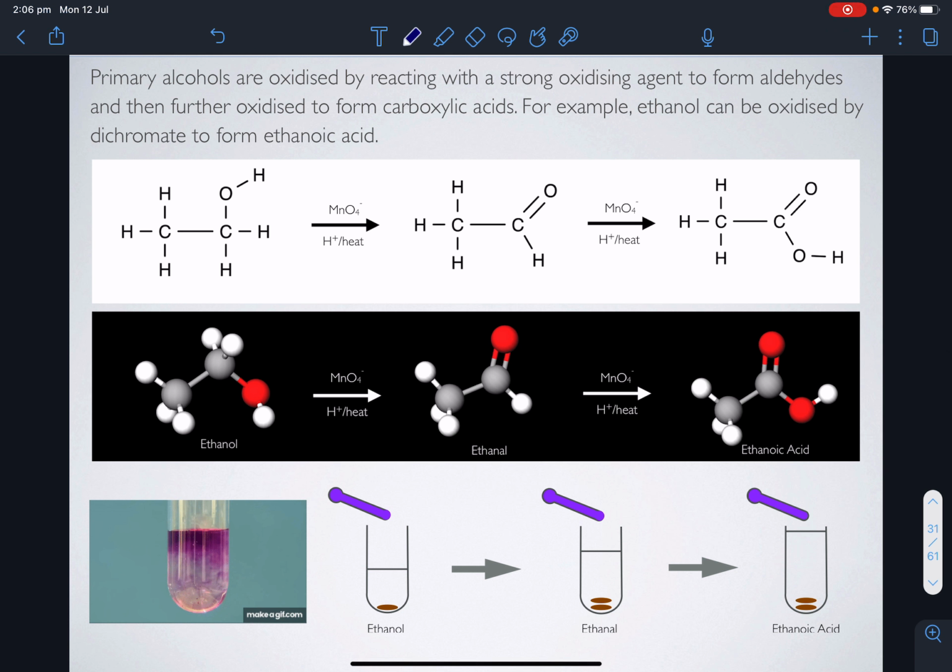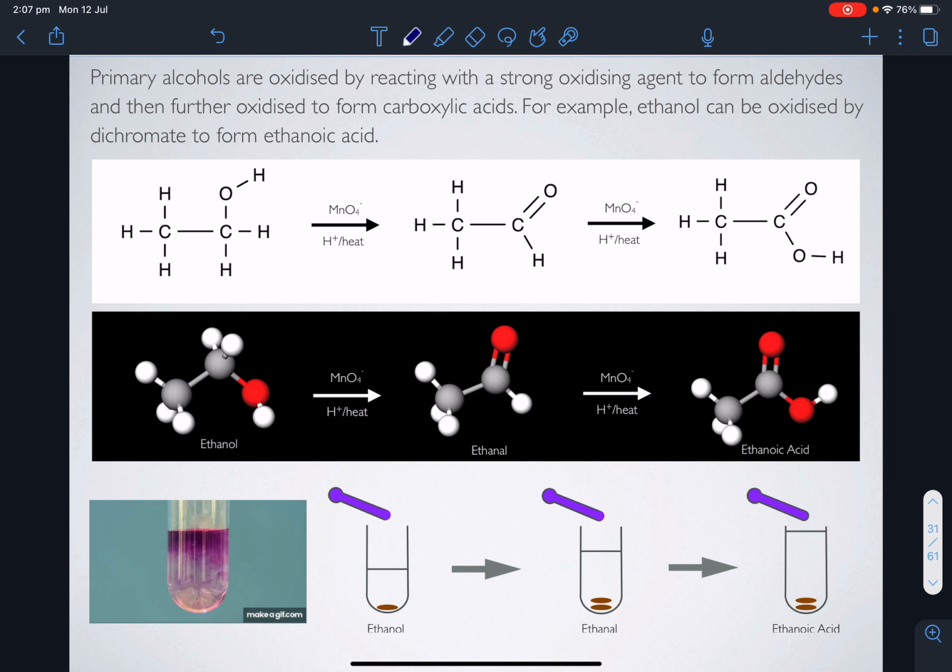First up, let's talk about primary alcohols. Primary alcohols are where the carbon bearing the OH is only joined to one other carbon, like my example here with ethanol. Primary alcohols are oxidized by reacting with a strong oxidizing agent, like the ones we just talked about, permanganate or dichromate, and they form initially aldehydes and then go on to carboxylic acids.